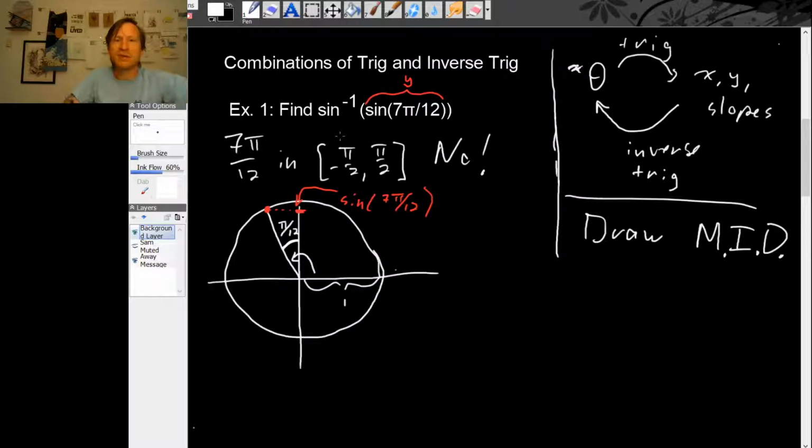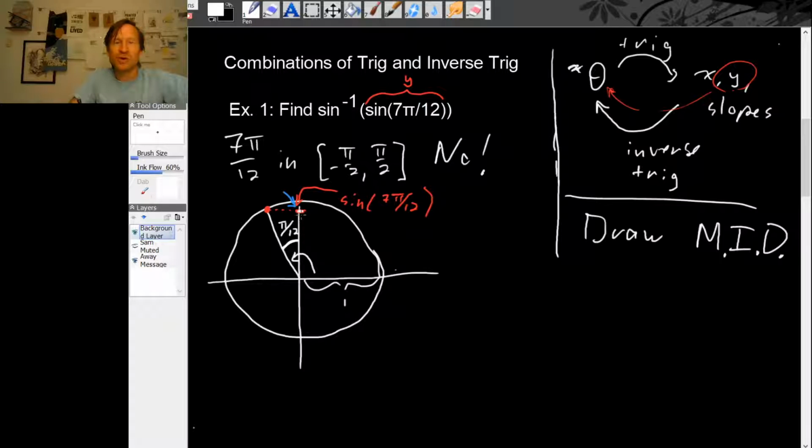All right, now we want to take inverse sine of that. Well, inverse sine turns a y coordinate into an angle. So we have our y coordinate. Well, we have a picture of it. We don't know what number it is, but we have a picture of our y coordinate right here.